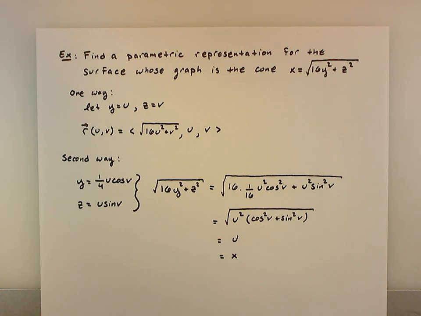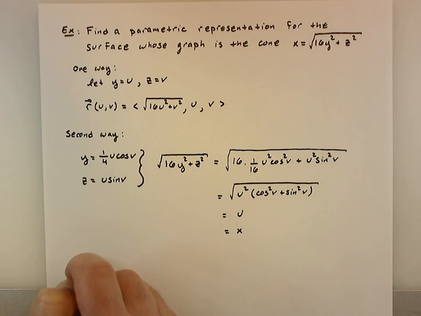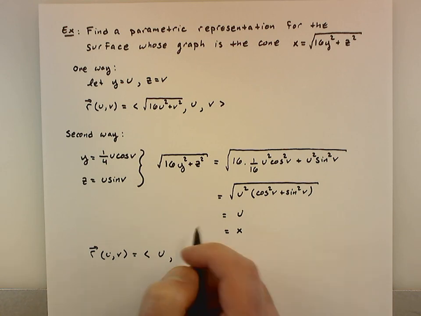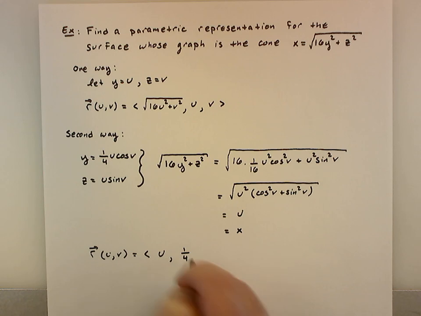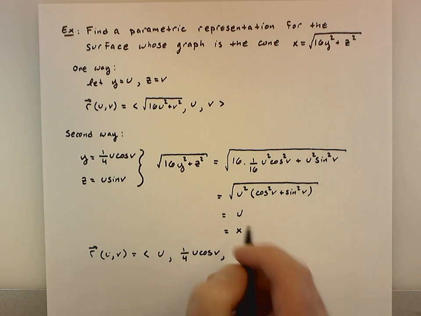The first way is the most basic way. So r of uv can be written as x component is u, y component is 1 over 4 u cosine v, and z component is u sine v.